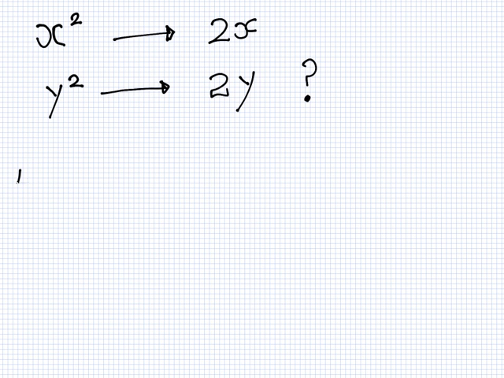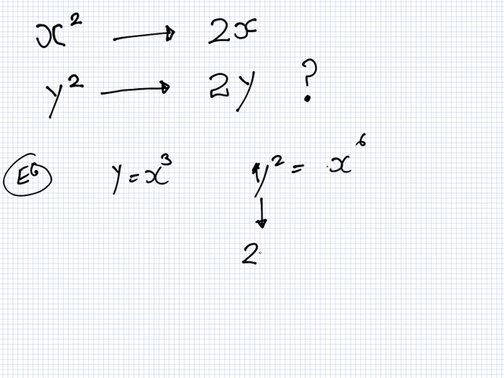So let's take a simple example. Let's say y equals x cubed. So y squared would equal x^6. If we differentiate y squared, we think we get 2y.